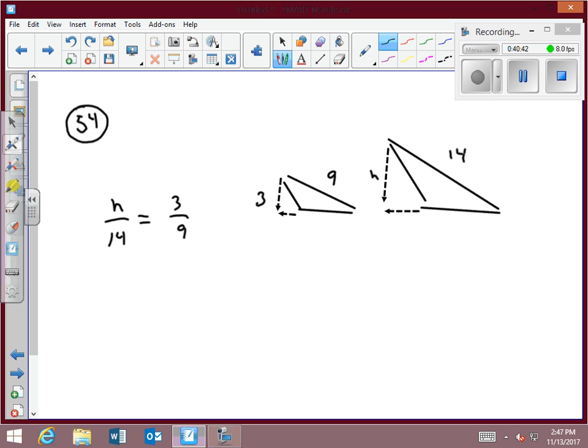Right? And the easy way to do it is just multiply both sides by 14. If I got this right. H. Somehow that looks like it's wrong.